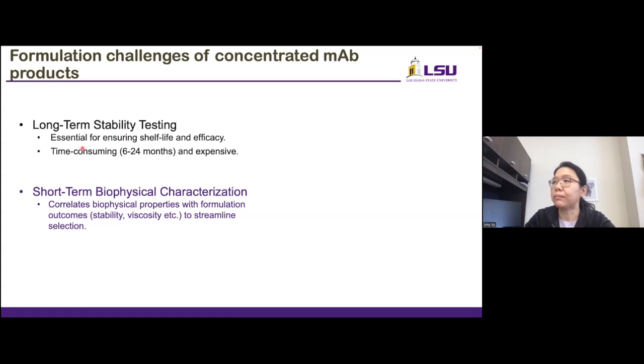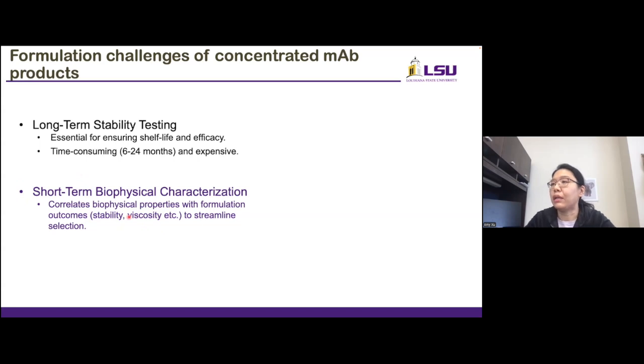The other approach to determine the best formulation for a mAb product is short-term biophysical characterization methods. In this way, the antibodies are formulated in a particular condition, and then you measure the antibodies through a certain technique. The experimental parameter is then correlated with the stability or viscosity of the mAb formulation.